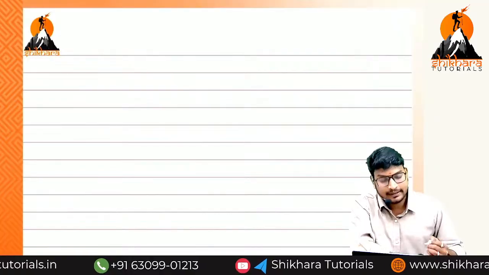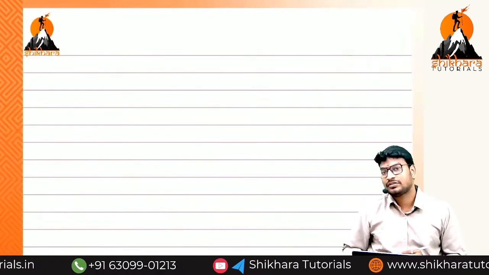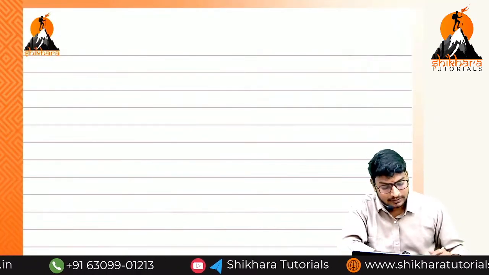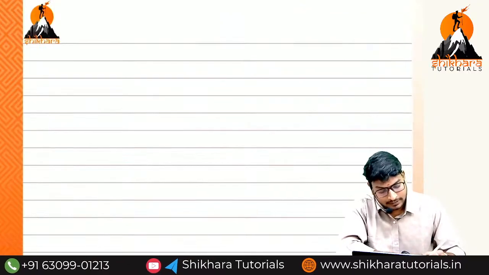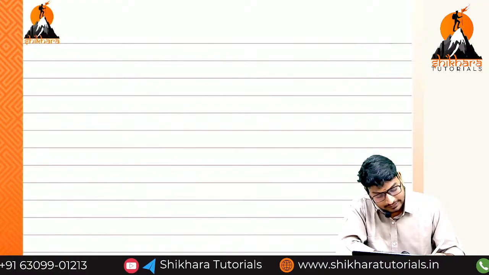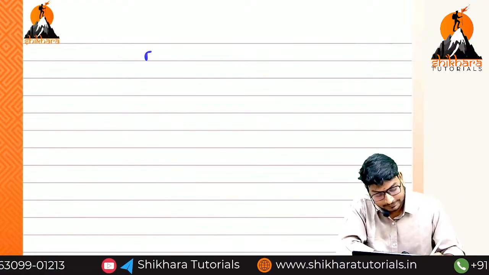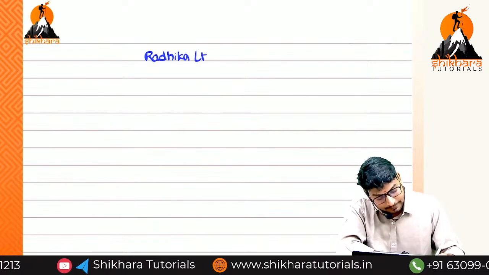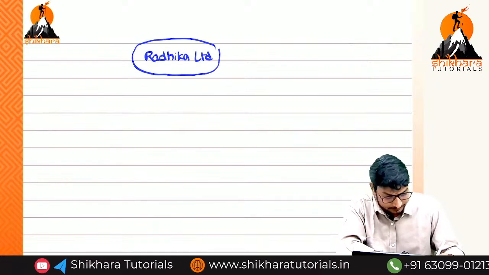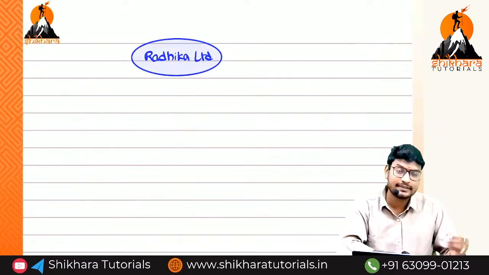Don't write anything. Everything will be available in the concept book related to this concept. I will take examples in order for you to understand. Imagine we have started one company, let us take Radhika Limited. This is a new company.